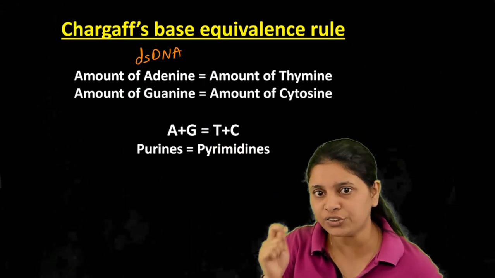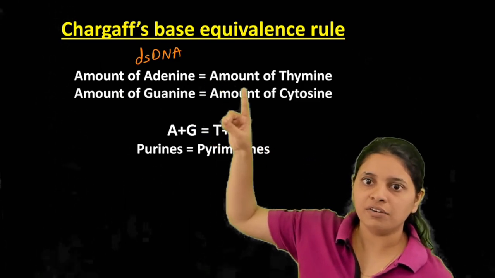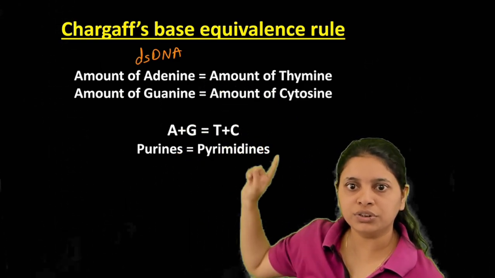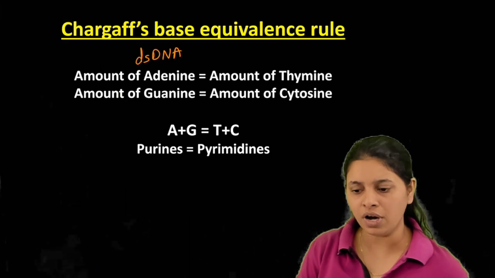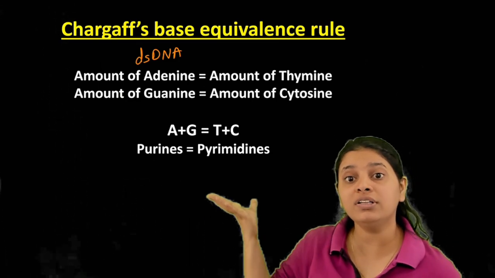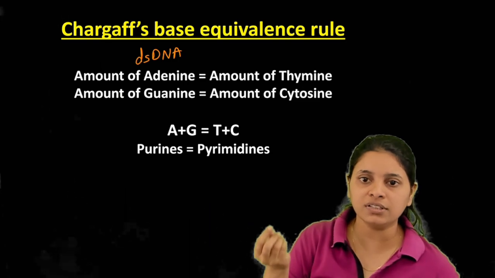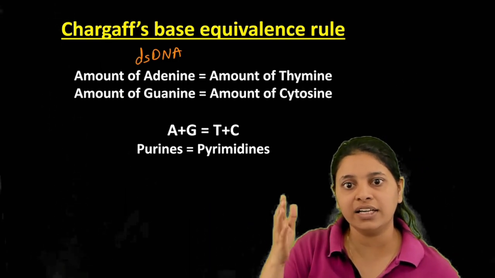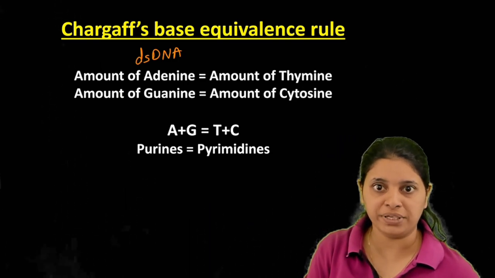So, for a double-stranded DNA, as A is equal to T and G is equal to C, we will have purines equal to pyrimidines. This is Chargaff's rule. Based on this rule, Watson and Crick understood that there would be complementary base pairing.